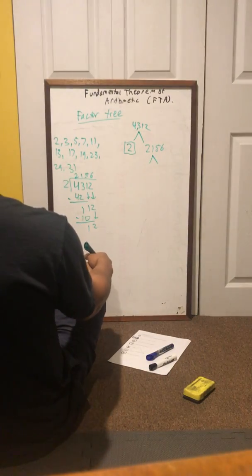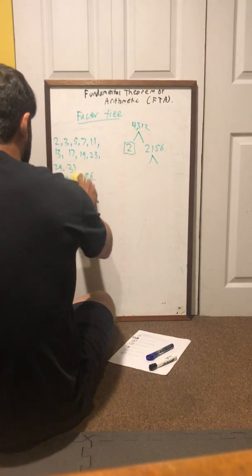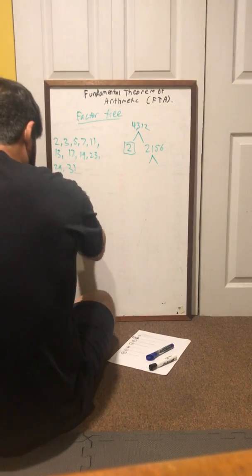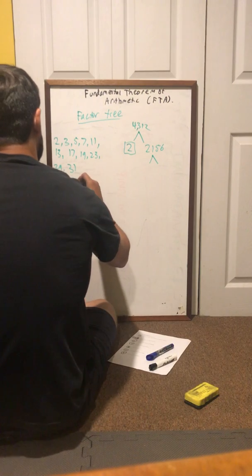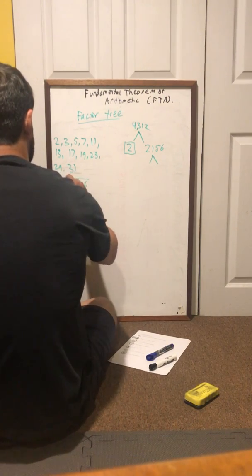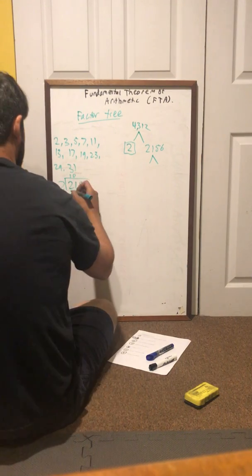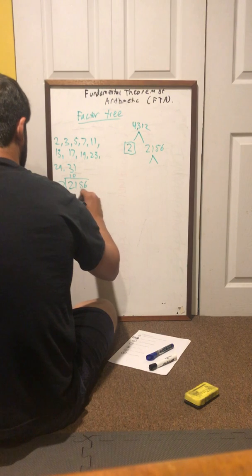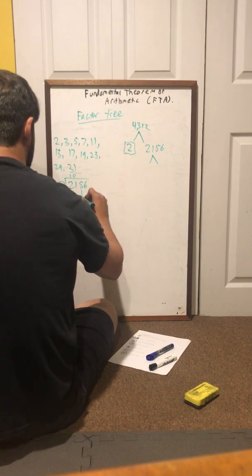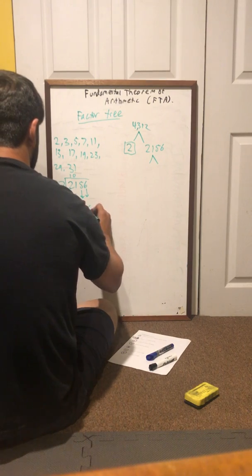Okay, so again, this is an even number. We could then divide it by 2 again. We're going to get 10 minus 20, 1, 5, 6.